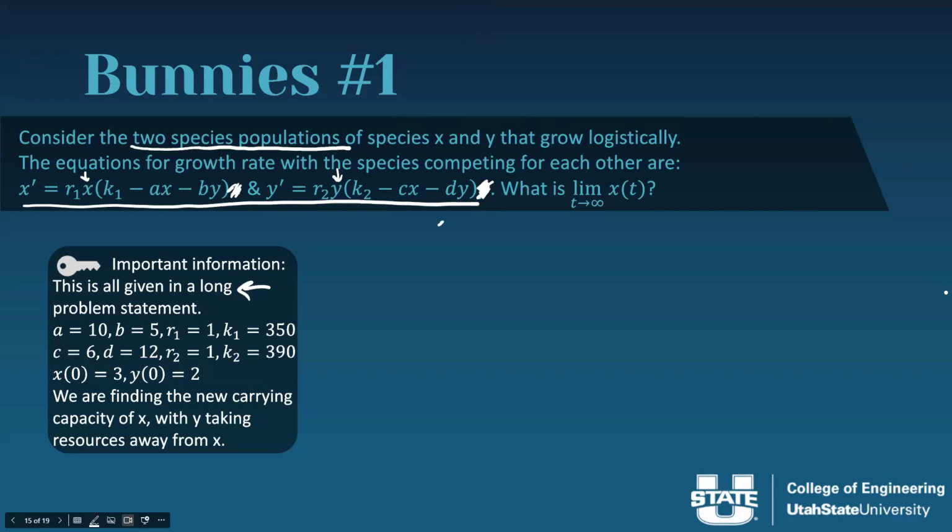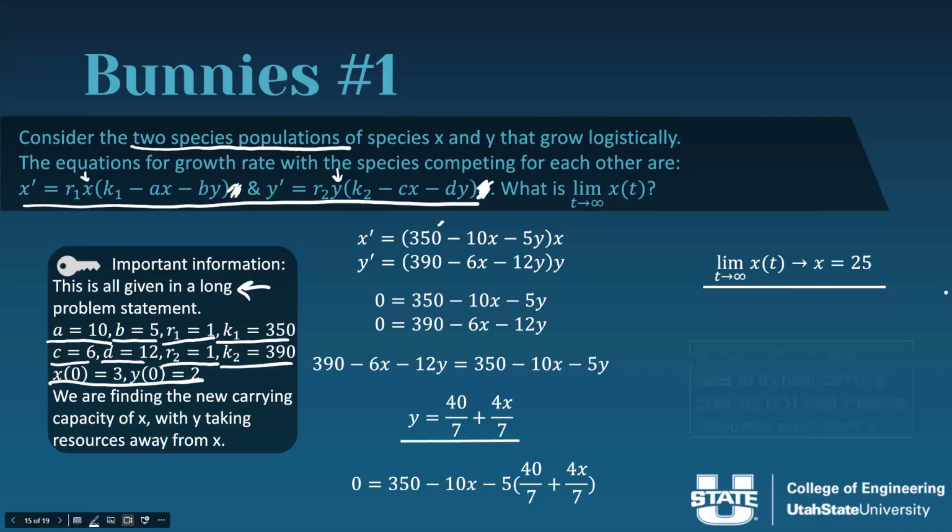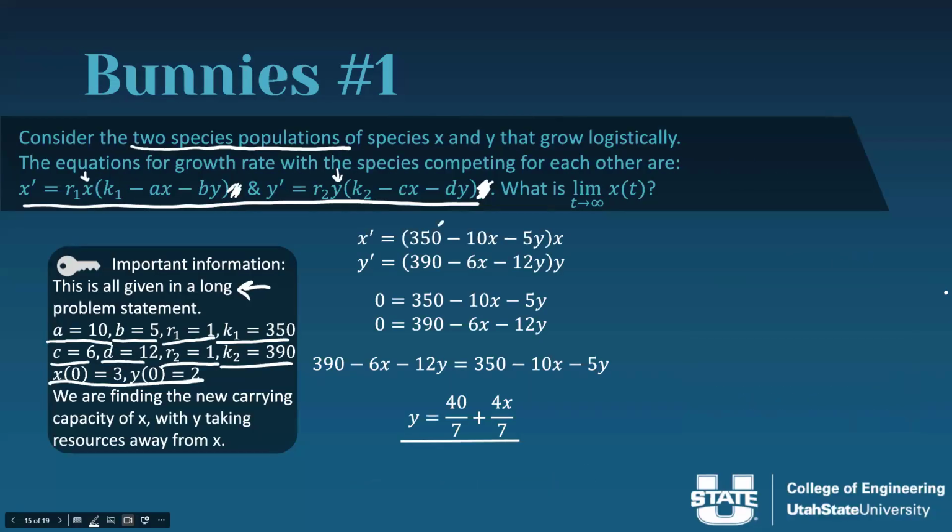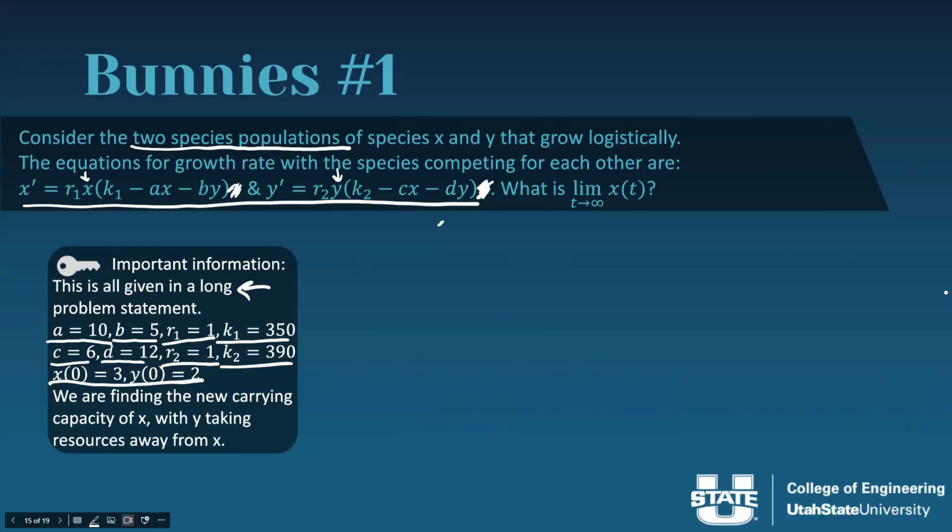Okay, so now, after a long problem statement, we're given A equals 10, B equals 5, R1 equals 1, K1 equals 35, C equals 6, D equals 12, R2 equals 1, K2 equals 390, and we're also given our starting points. Usually this problem gives you the phase portrait as well.